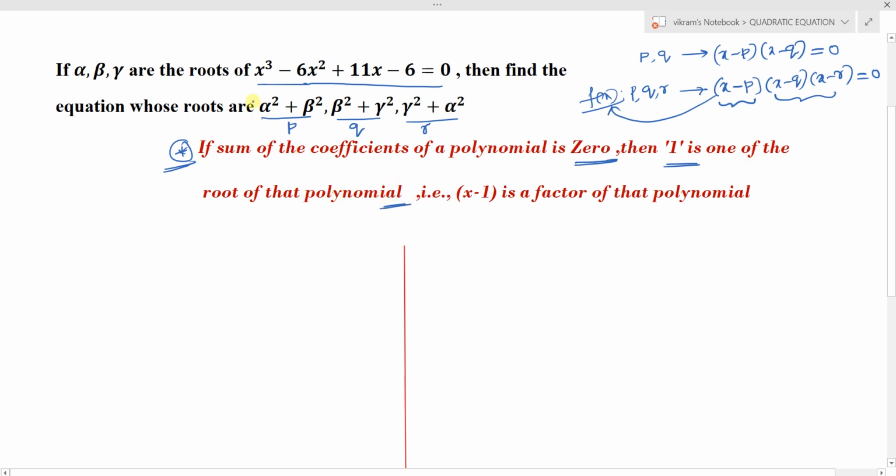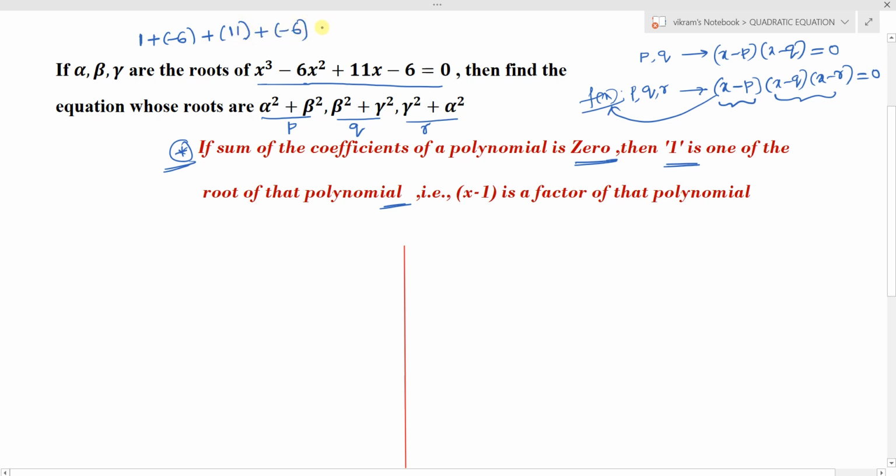This cubic expression will have three roots. Let us check the sum of the coefficients for this cubic expression. The x cube coefficient is 1, the x square coefficient is minus 6, the x coefficient is 11, and the constant term is minus 6.